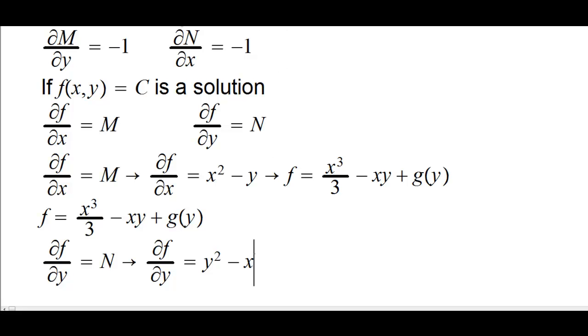Okay. Now you got f sitting right here, right? So if I took df/dy using this here, what will be the partial with respect to y of the shaded quantity? That will be 0 because I'm treating x as a constant.